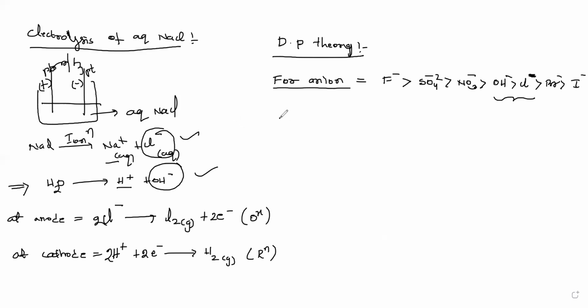Now for the cations, what is the dP order?